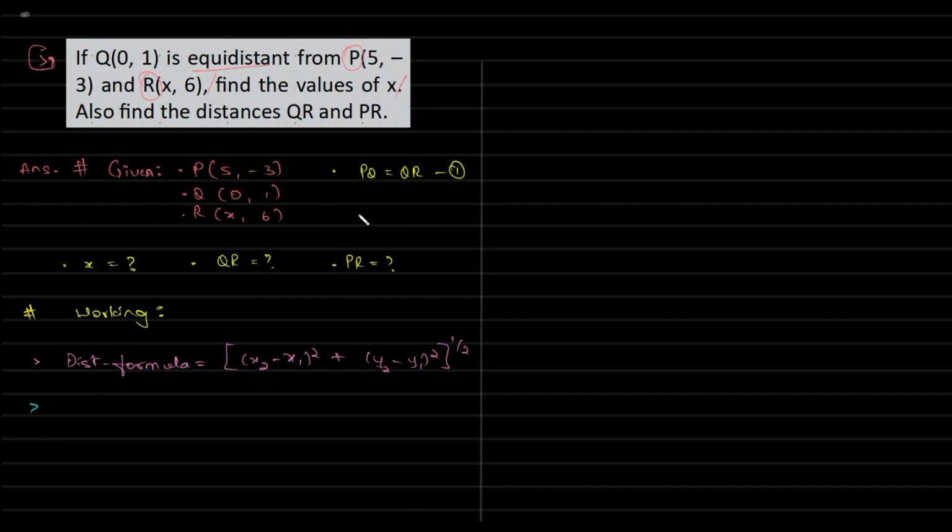To solve this, we need x. To find one unknown, we need one equation, which we have over here. The way to solve this is squaring equation 1 and continuing.